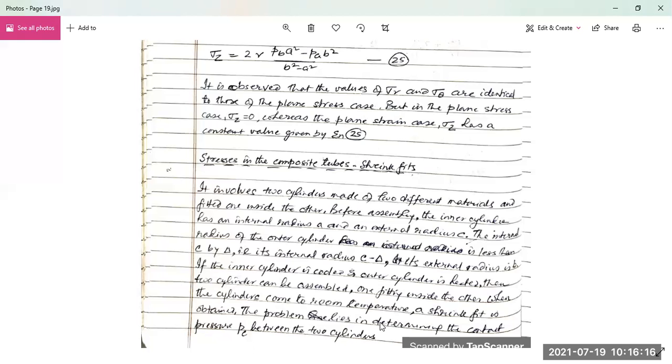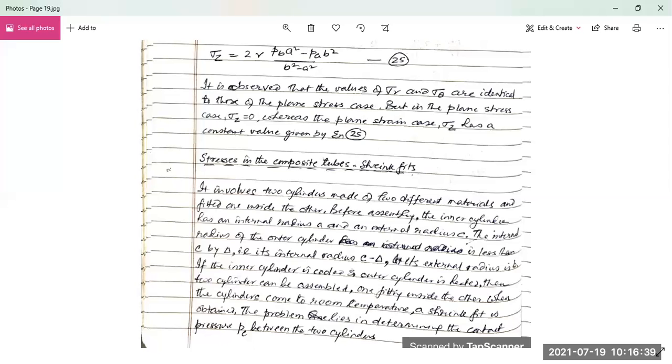It is not zero. So if the inner cylinder is cooled and the outer cylinder is heated, what happens? The inner cylinder contracts to a certain extent and the outer cylinder expands to a certain extent. Then the two cylinders can be assembled, one fitting inside the other. When the cylinders are again brought to room temperature, a shrink fit is obtained. So what we have to do?